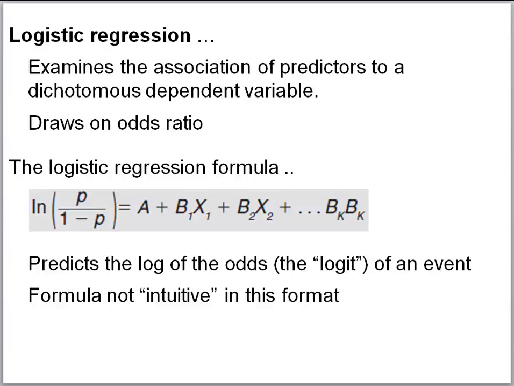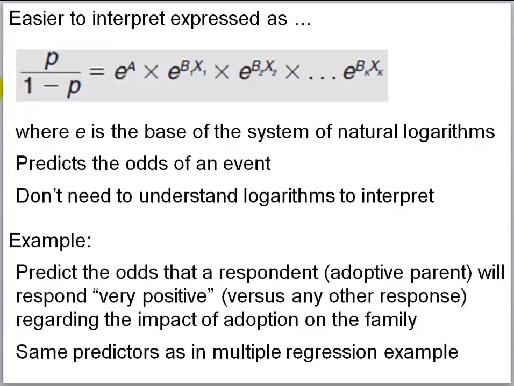With some arithmetic, the logistic regression formula can be rewritten in a way that is more intuitive. So here is our rewritten logistic regression formula. And now you can see that the formula predicts not the log of the odds of an event, but it predicts the odds of an event.